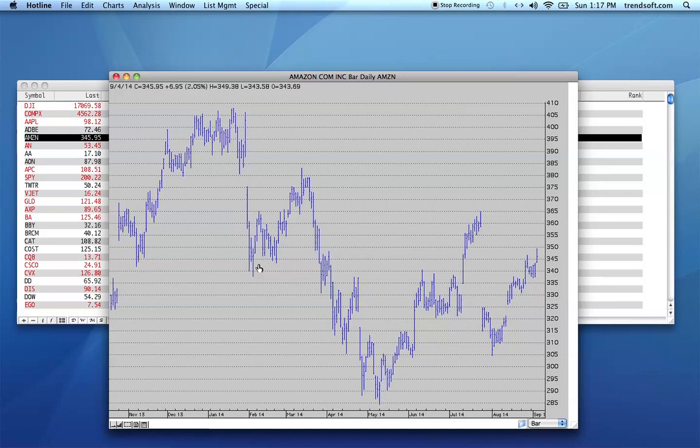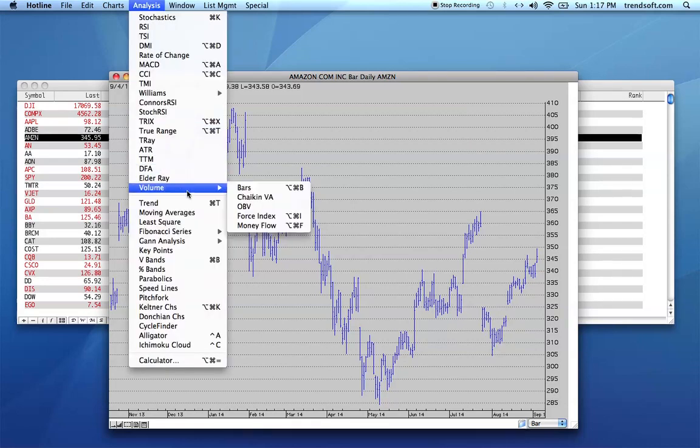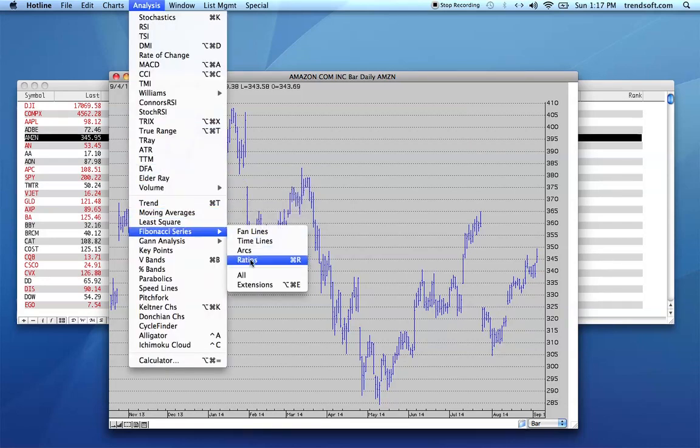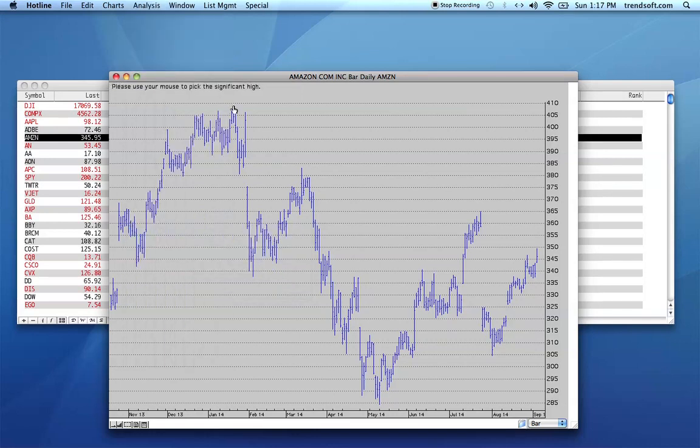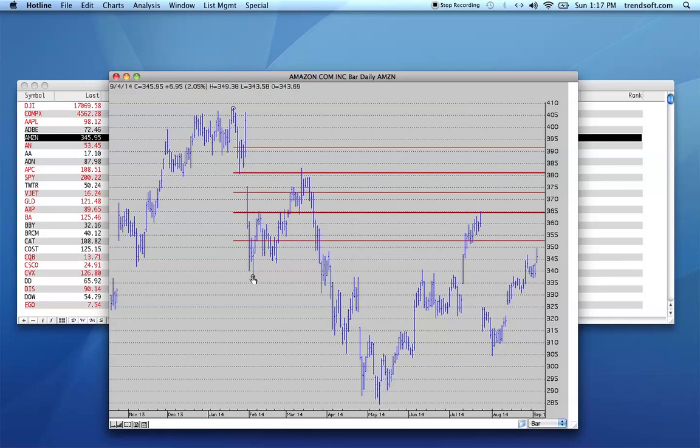So let's apply this to this Amazon chart. Let's say we're watching this market, Amazon's gone up, it suddenly drops like this. And now we want to know, where is it likely to retrace to? So let's put in Fibonacci ratios where this is the significant high and this is the significant low.